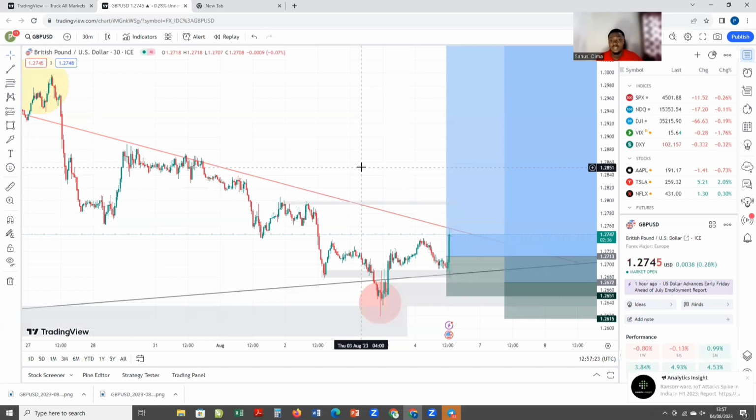Another thing I want to say is, as a trader, you have to really know the trend. If you trade according to the trend, most and all of the time, you will be trading right, because the trend is where the money is. Anytime, I repeat, anytime you trade according to the trend, you will be trading right.